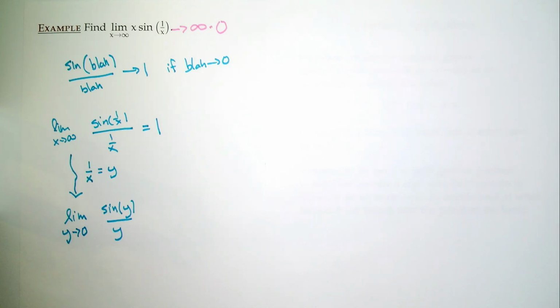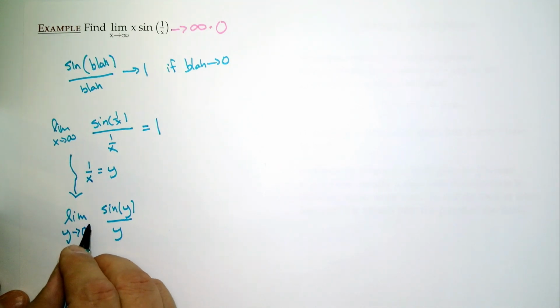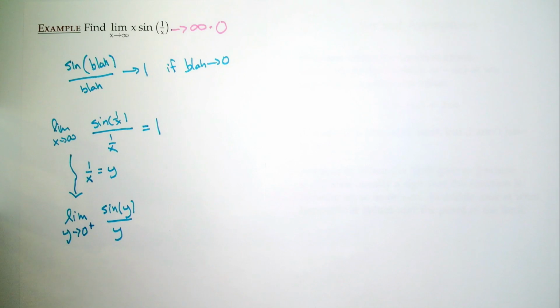If I'm going to negative infinity, I can only approach it from above. So in fact, this is a one-sided limit. Now, it doesn't make a difference in this case, but if it did, we're ready to answer the call. And we say, okay, this is a limit, sine y over y. This is something that we recognize. So now in this form, it's easier to convince ourselves that yes, the answer is 1.